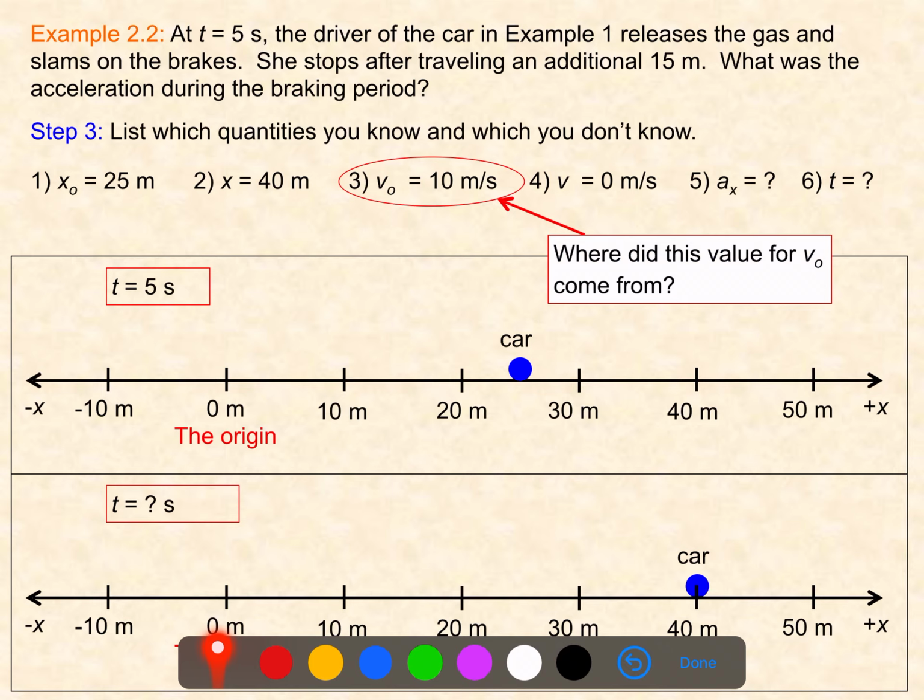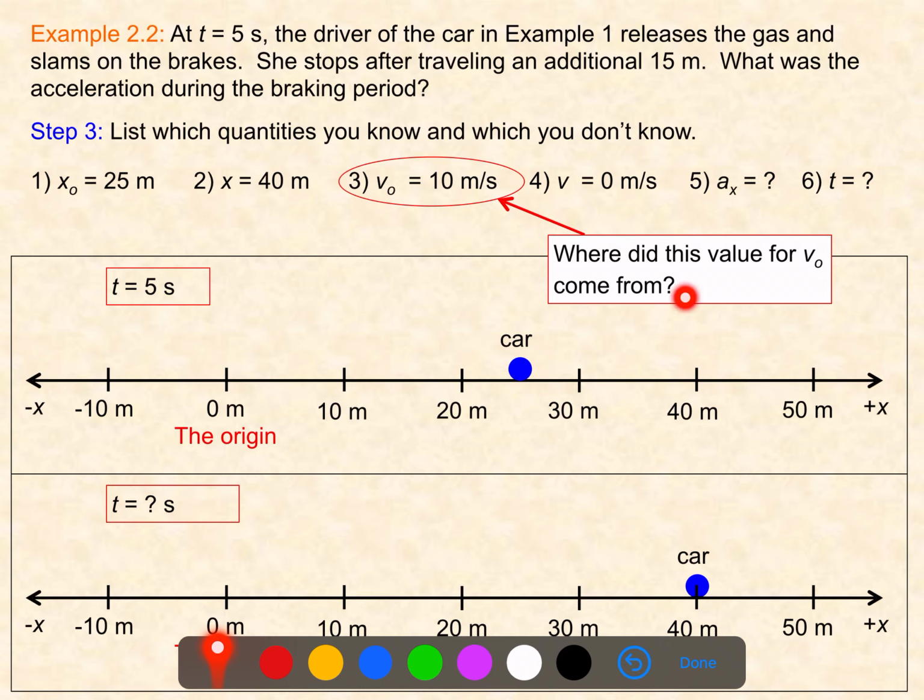Where did that come from? Let's get back to that in a second. We know that the final velocity is 0 meters per second because it tells me that she stops in the end. What we don't know is the acceleration rate and the time. Last time we didn't know the acceleration rate and the final velocity. This time we don't know the acceleration rate and we don't know the time. So we might need a different equation this time.